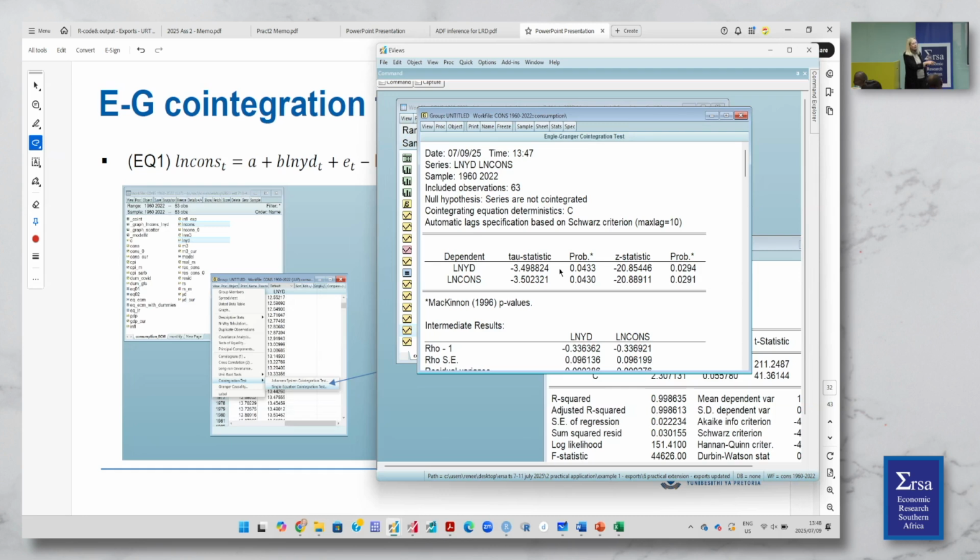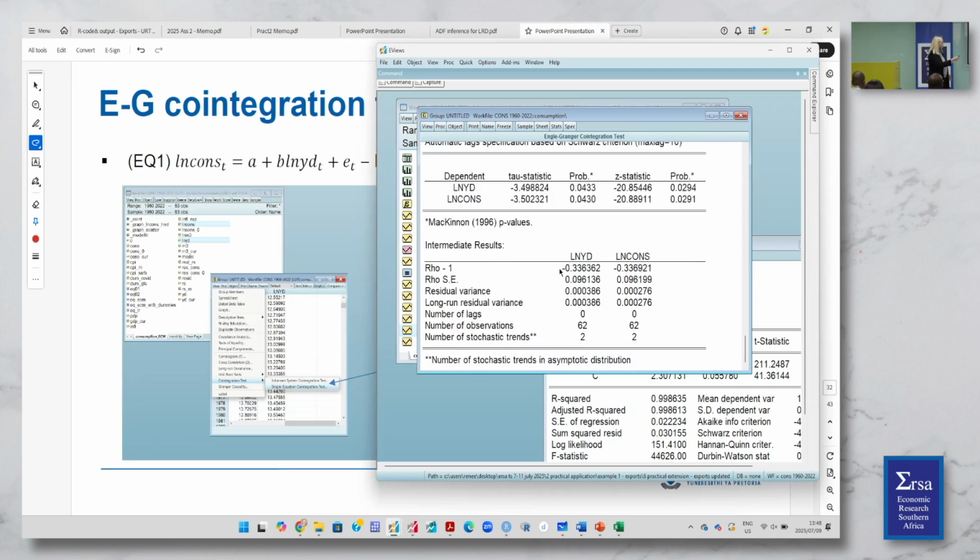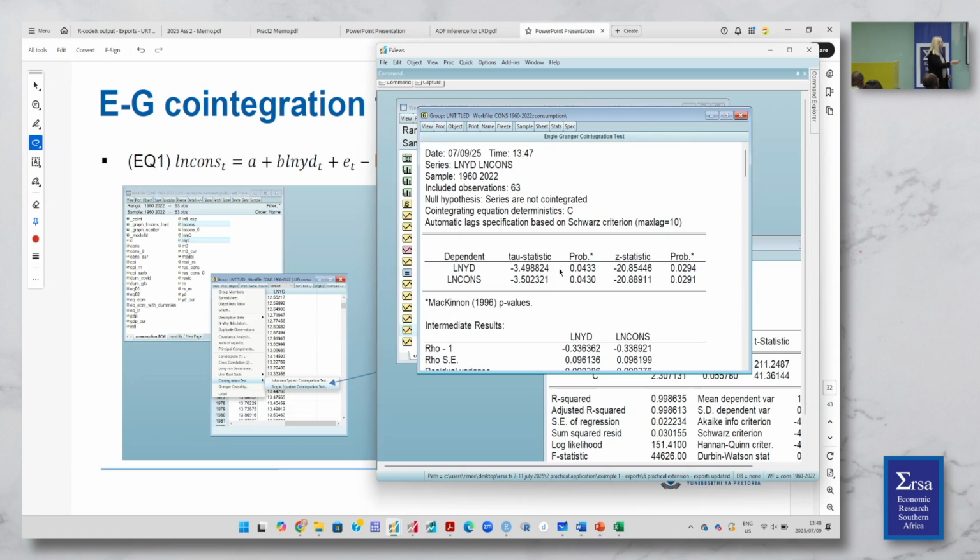And it's just a tau, not a tau or a tau mu. And associated with that is this probability. So that skew distribution to the left, the 5% critical value was to the right of that value, and the 1% critical value was to the left.